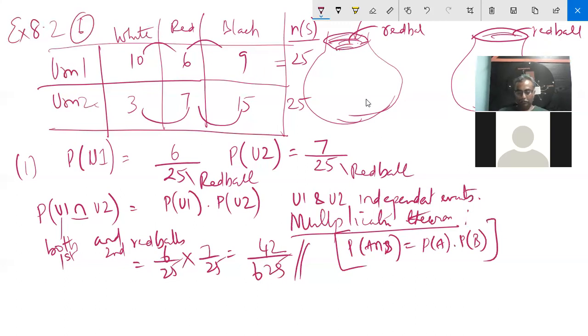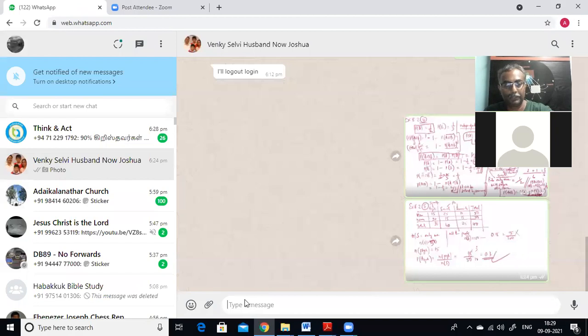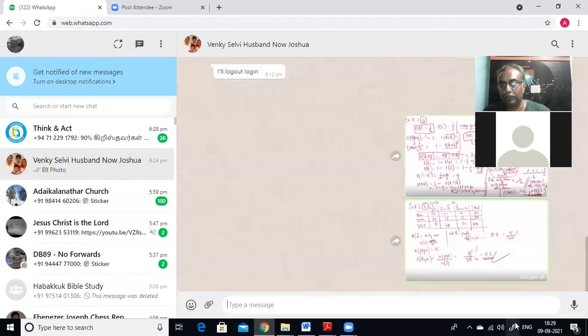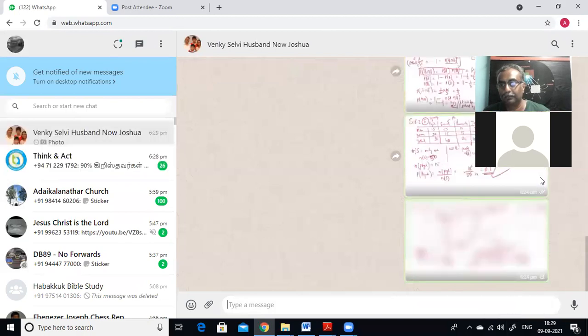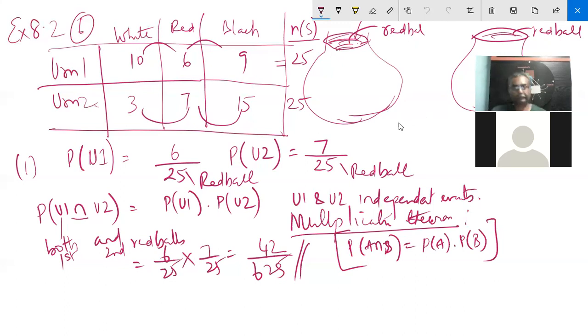Okay. Now, both the balls are red. That is the answer. Now, you have to do the other part of the sum: both balls are of the same color. Other part of the sum you have to do. Yeah. First, let us post this. First part is over. Let me erase all of this. Both balls are of the same color.